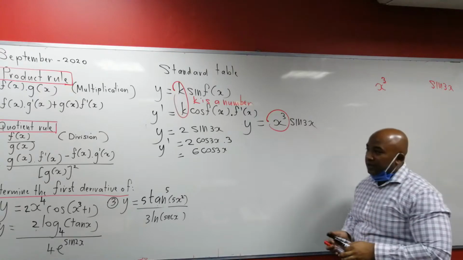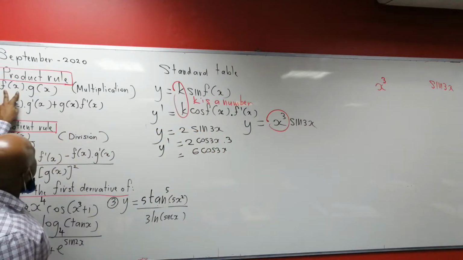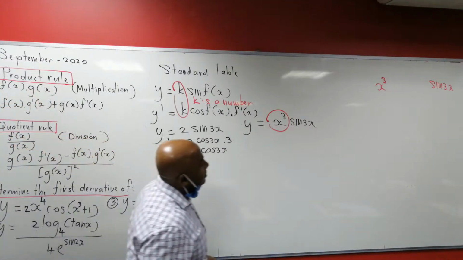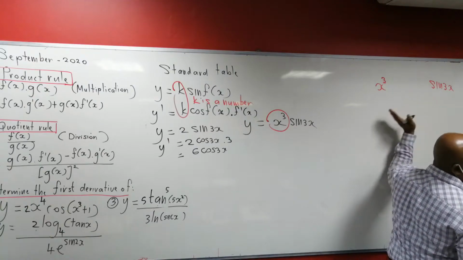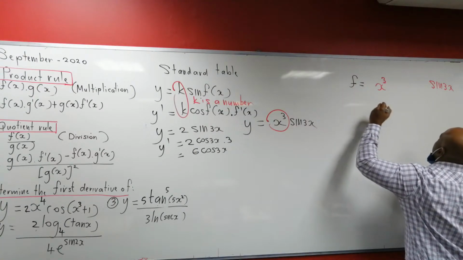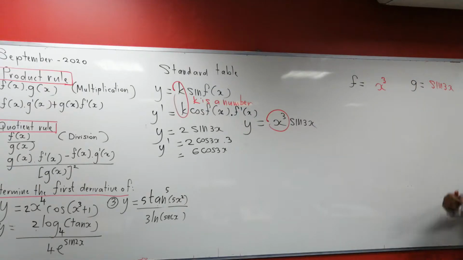So with the product rule, we can call the first factor f of x and the second one g of x. It doesn't matter which one you call f and which one you call g. Let's call this f and this g. We're going to differentiate them individually.